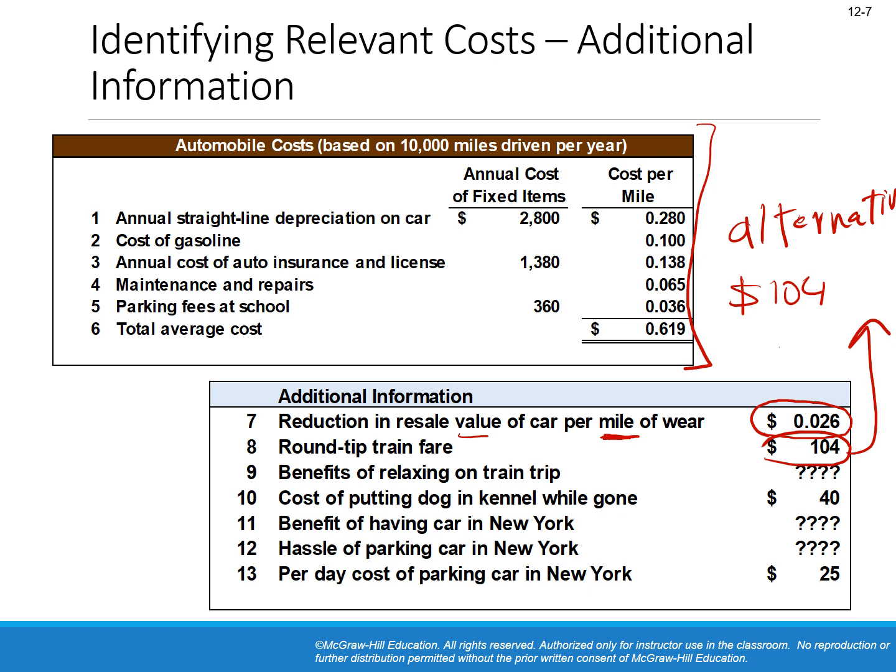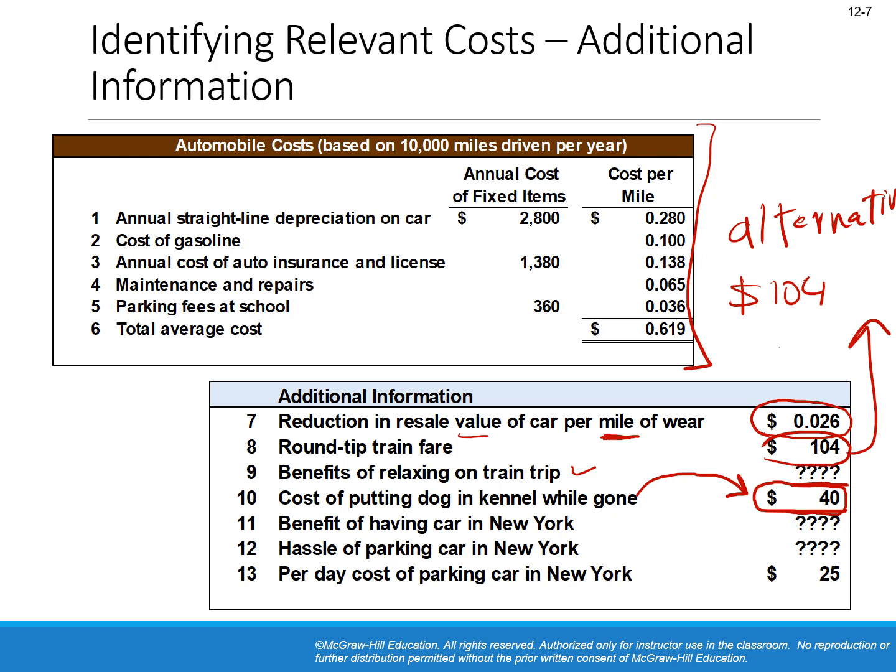Benefits of relaxing on a train trip, this is something good, relaxing instead of driving. However, you cannot quantify it in dollar terms. Cost of putting dog in kennel while gone, $40. This is an example where this number applies whether you take the train or you take the car. So this is something that doesn't differ between both alternatives, and therefore it's irrelevant.